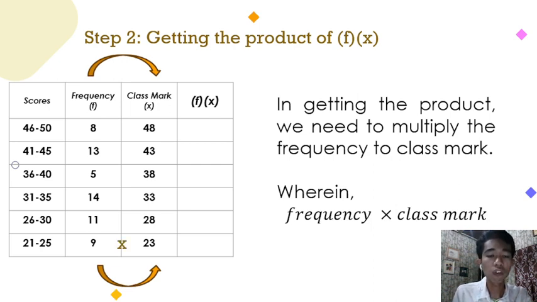We solve for the first row. 9 multiplied by 23 is equal to 207. 11 times 28 is equal to 308. 14 times 33 is equal to 1085, until we reach the last row, which is 46 to 50. 5 times 38 is equal to 190. 13 times 43 is equal to 559, and 8 times 48 is equal to 384.